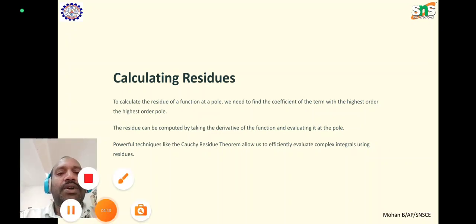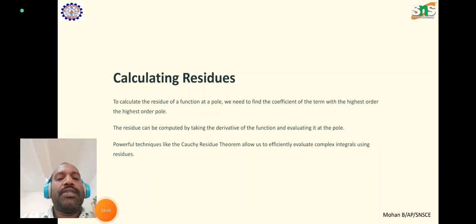Then Cauchy's residue theorem is very useful and interesting, and these tools are widely used. If the integral of f(x) equals 0, then the value of f(x) will be 0.